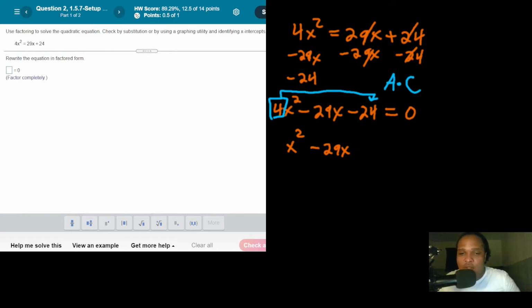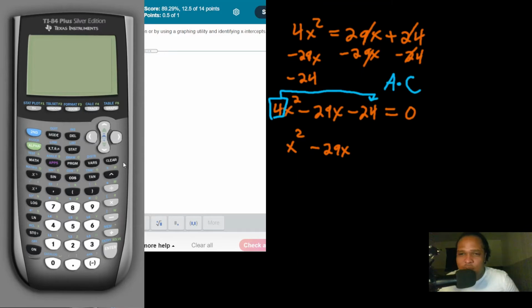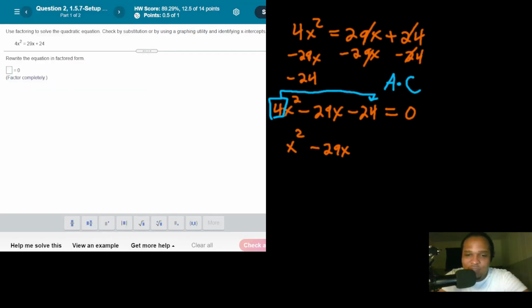Let's go ahead and use our calculator for that, because why not? All right, there's the calculator. Okay, and we are doing 4 times 24, 96. So let's take off the calculator again.